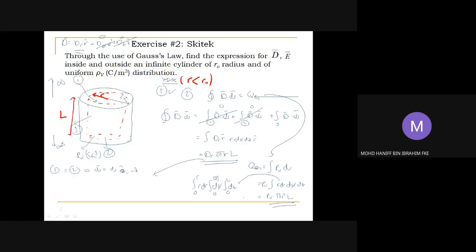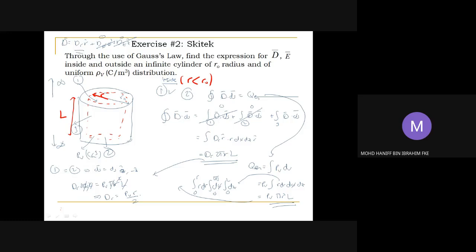So we can equate the left and right now. We're going to use these two terms. D_r times 2πrL will be ρv πr²L. We can cancel out the L, the π, and one of the r. So in the end D_r will be equal to ρv r divided by 2.